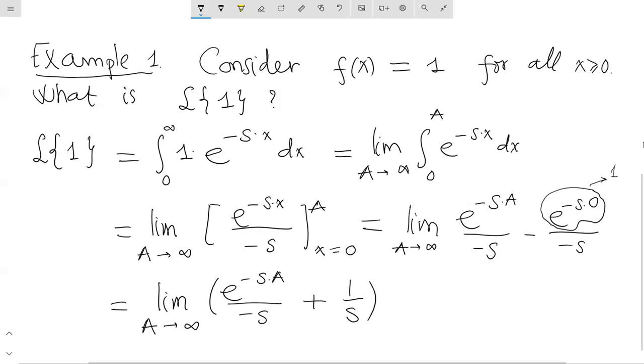Now we need to compute the limit here when a goes to infinity. So look at this limit. We have minus e to the minus s times a.